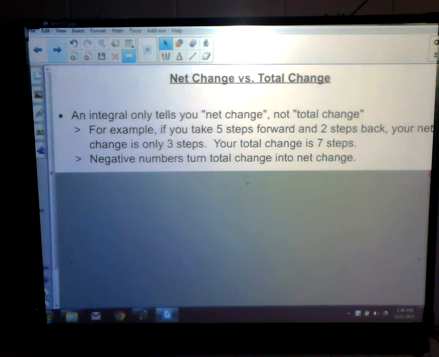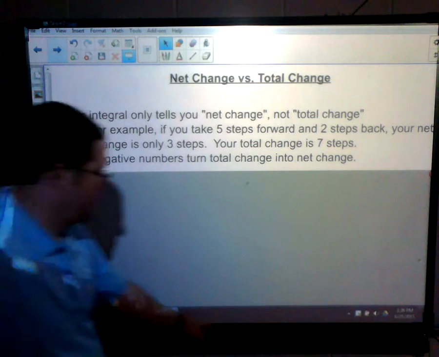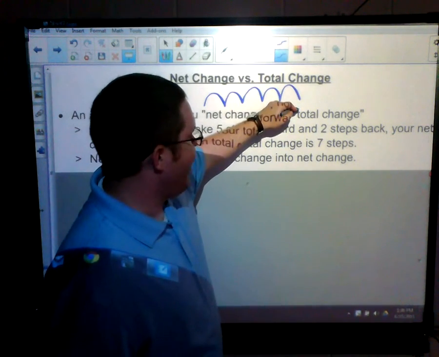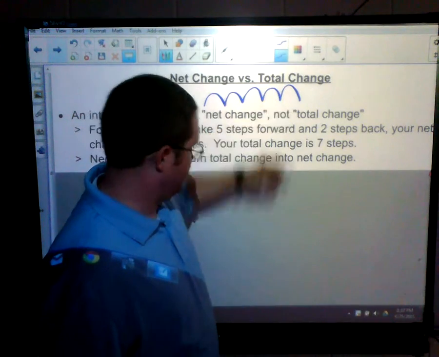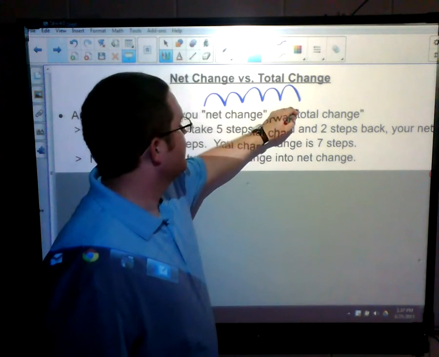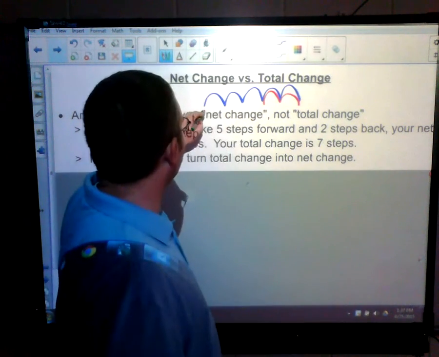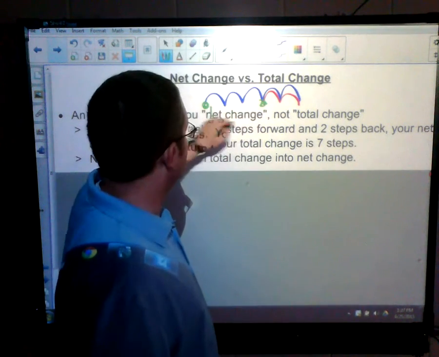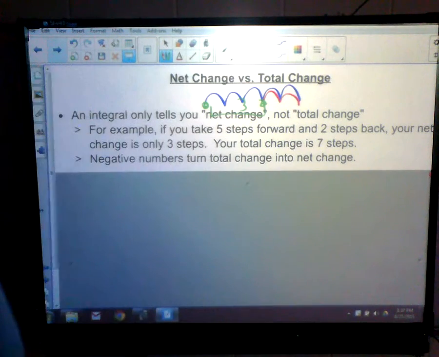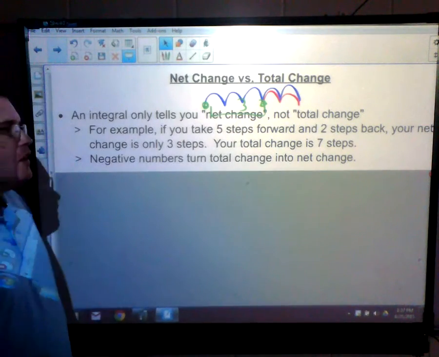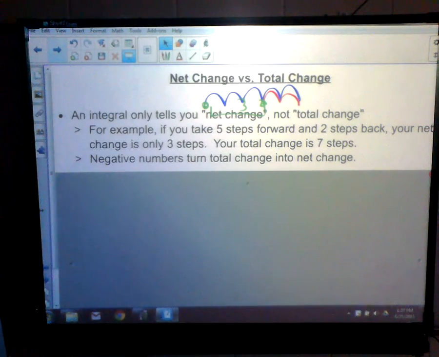For example, if you take 5 steps forward, 1, 2, 3, 4, 5, and 2 steps backwards, 1, 2, your net change is only 3 units, even though you've taken 7 steps. Why is that? What messes this up? The -2. The negative numbers mess with total change.